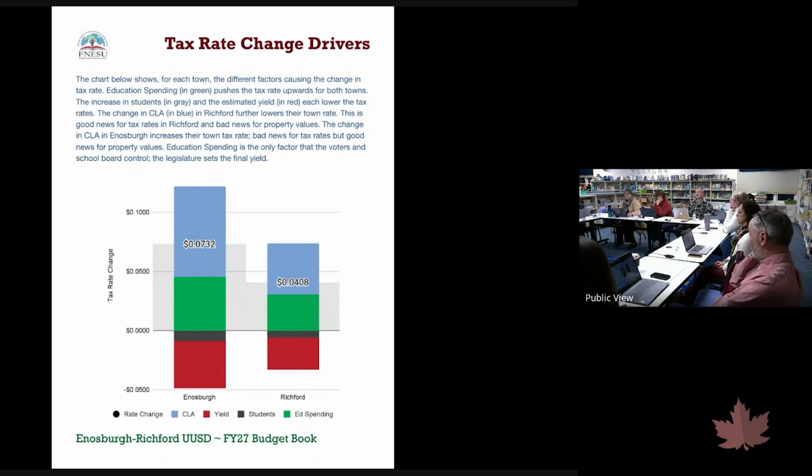There are a lot of other factors that go into the yield and a lot of other things that can change, but that is a potential big mover, and unfortunately we don't have the benefit of using that or showing that when we put a number in front of your voters. We saw the impact of that a couple of years ago. It was a dramatic swing when we'd made no change, but it just showed how that yield reflects all the other statewide education spending decisions and how dramatically that can swing our tax rate.